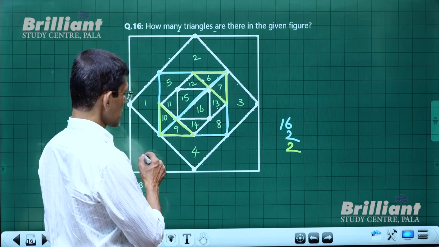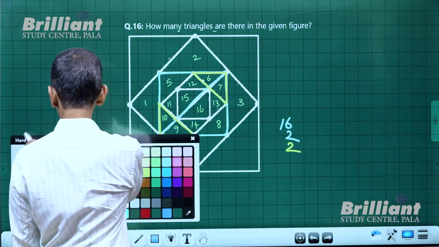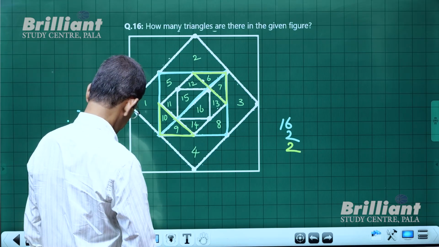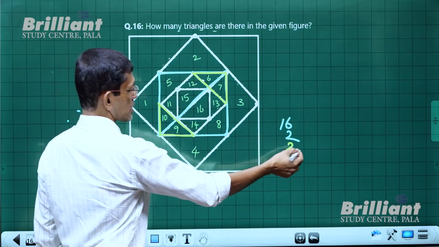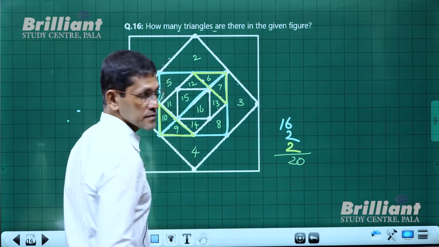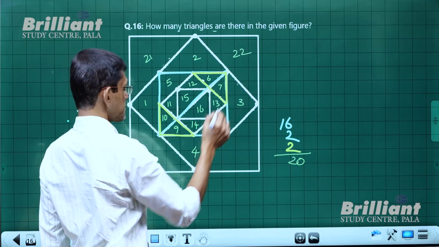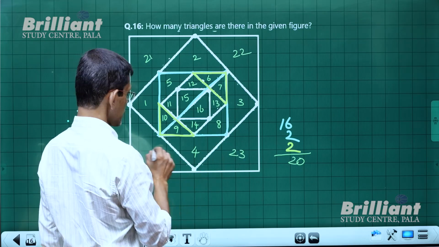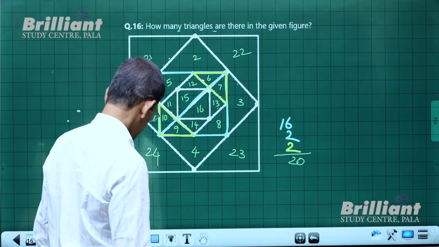Okay, so these are the triangles. Interesting, those large ones we just missed out. So already we have 20, and we have 21, 22, 23, 24. So ultimately 24 triangles.